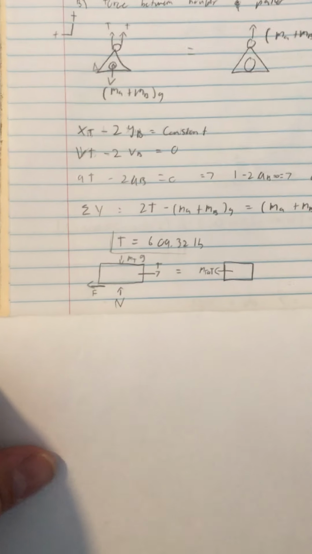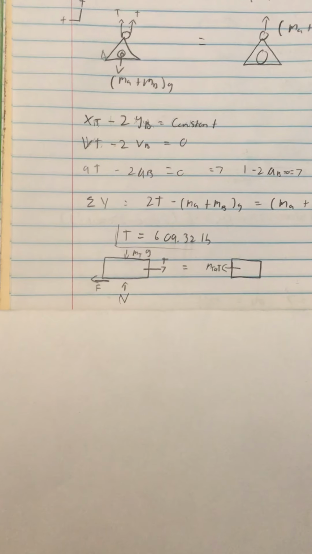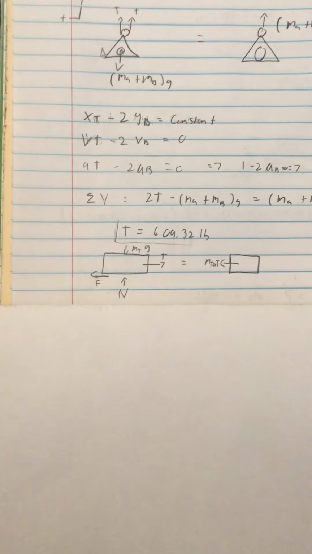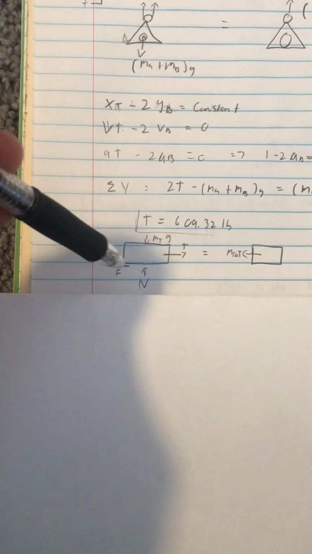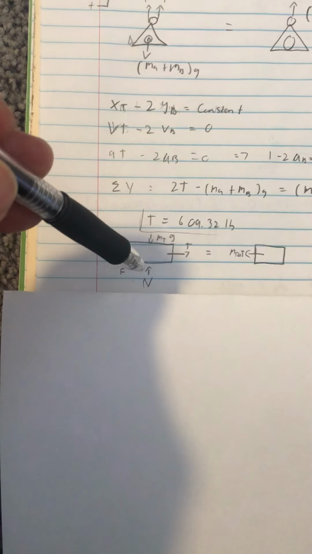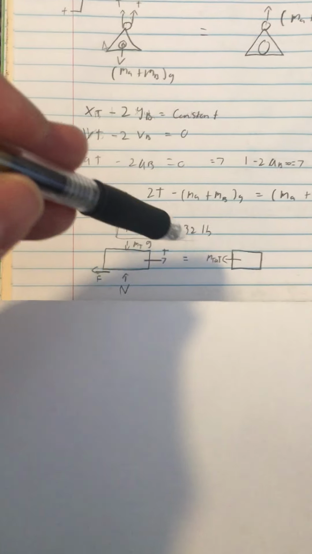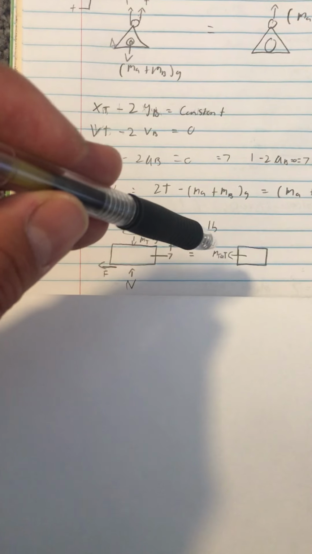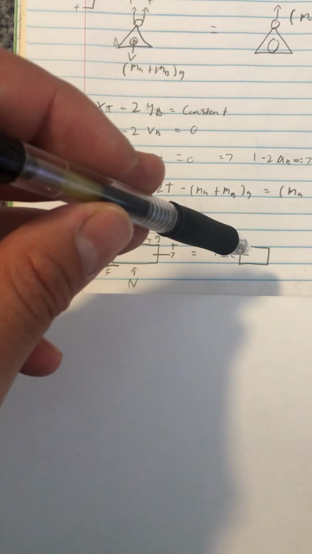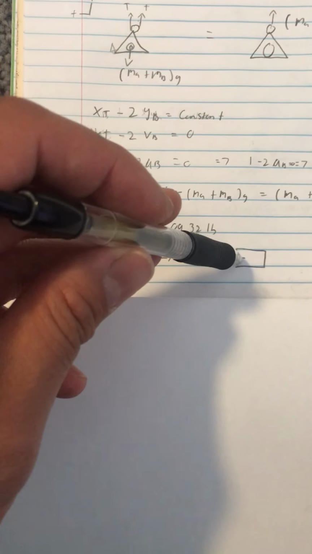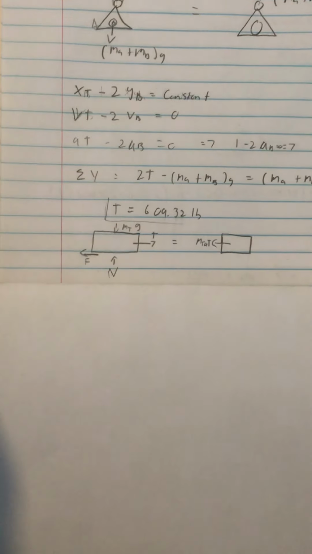Okay, we set up our next free body diagram. This one is for the truck itself. We have the force forward on the wheels and the ground, normal force up, gravity down, and tension of the rope, and then we know it has to equal the mass of the truck times the acceleration of the truck, because it is accelerating forward.